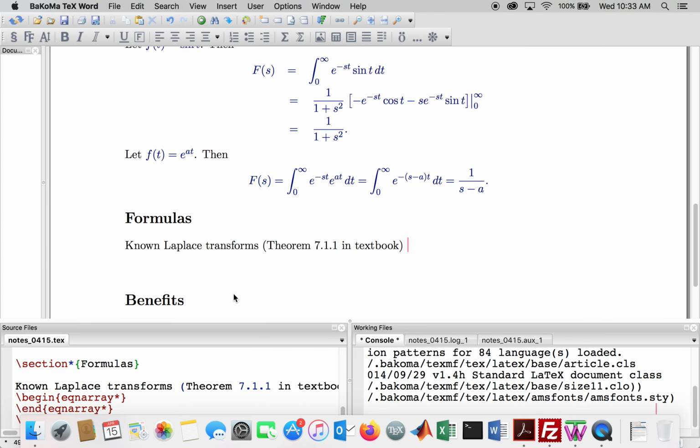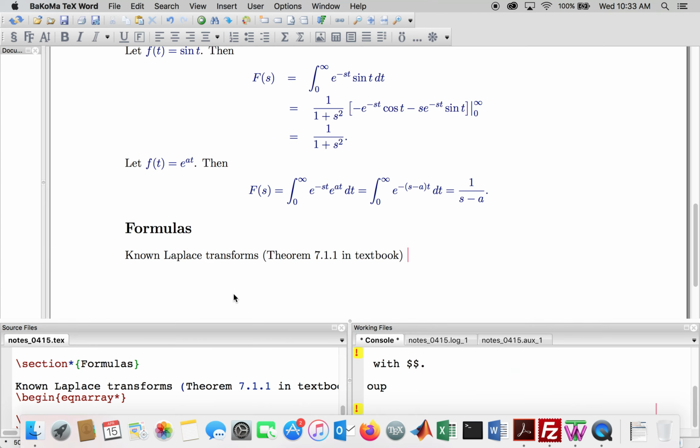I have this in my notes, but I want to have it in this document too. By the way, these notes that I'm typing out here, even if they correspond to what's already posted online in notes, I'm going to post on the lectures page along with a link to the video.